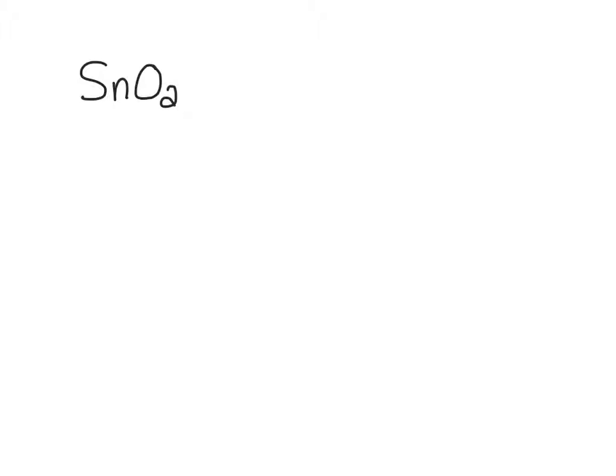Here we have a compound containing tin and oxygen. Tin is a multivalent, so we've got to figure out which valency tin has. What is the charge on the tin? So if we were doing crisscross, we would have to do reverse crisscross. So the subscripts cross over and come up. So that would mean we've got tin and oxygen.